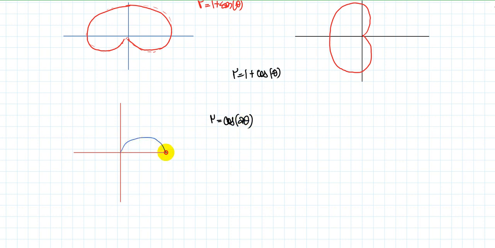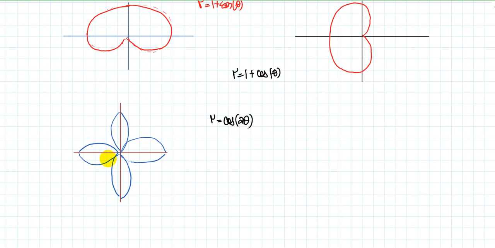Basically, I need to put one leaf here. So the graph of this curve in the polar coordinates is going to be like this. r is equal to cosine of 2 theta. It's the rose with 4 leaves.